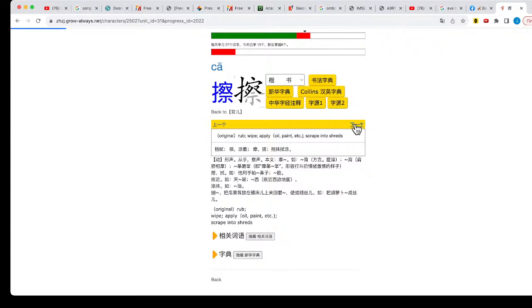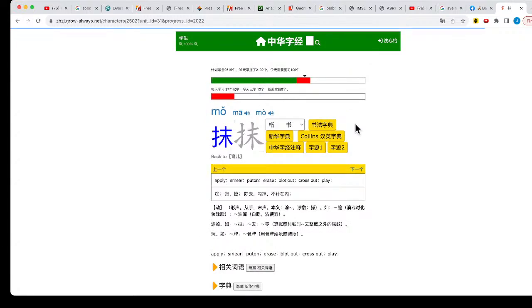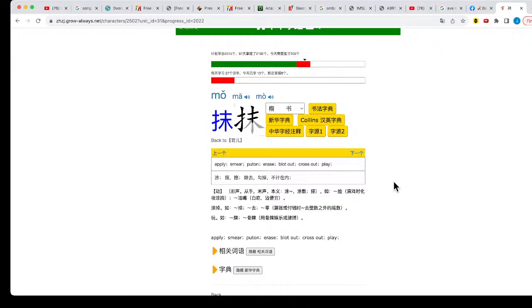So let's take a look at another word. 抹. 抹 means apply, means smear. Okay. Means erase. 抹去 means cross out. So the action is very similar to 擦.